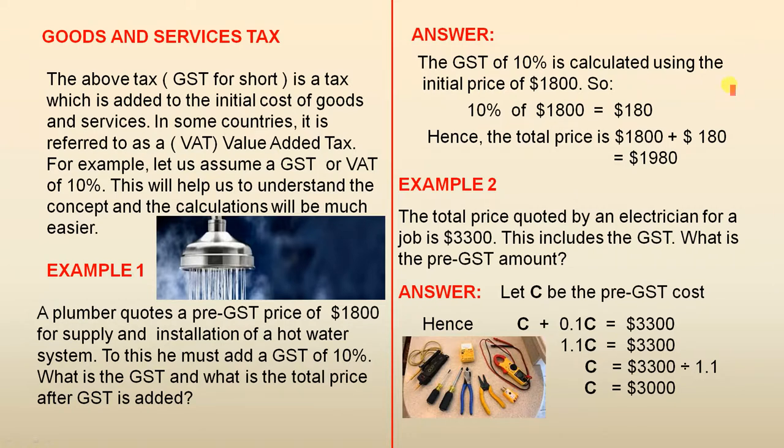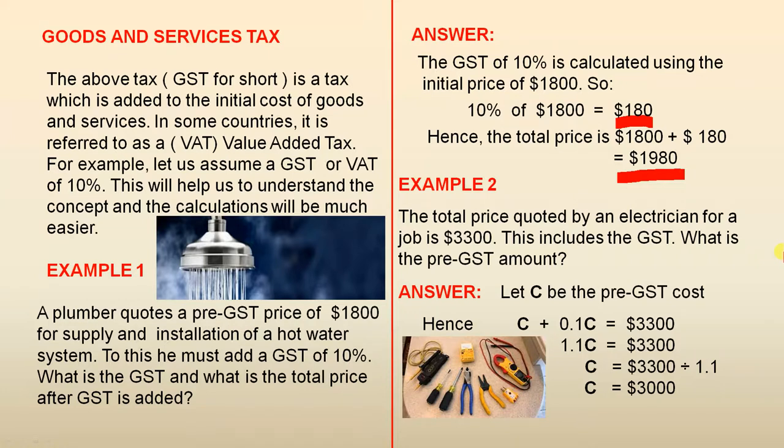So the answer, the GST of 10% is calculated using the initial price of $1,800. So 10% of $1,800 is $180. So that is the GST. Hence the total price is $1,800 plus $180, and that is $1,980.